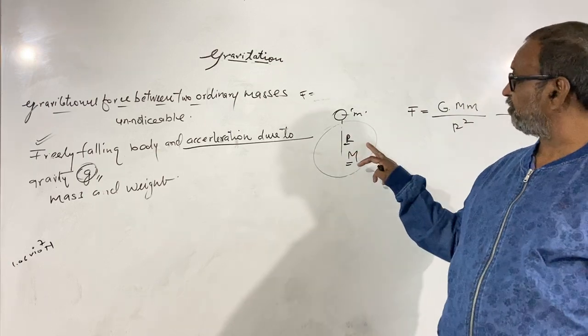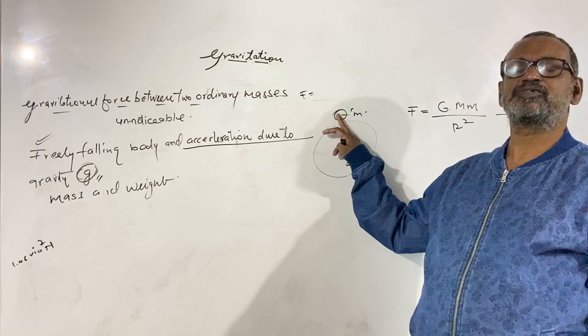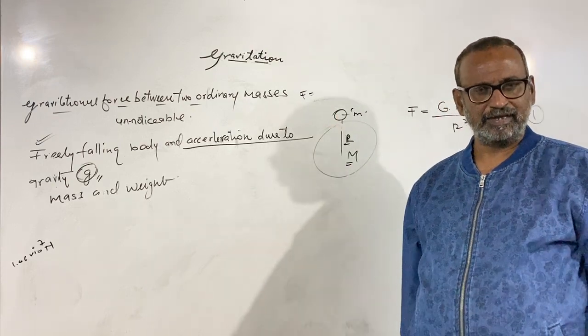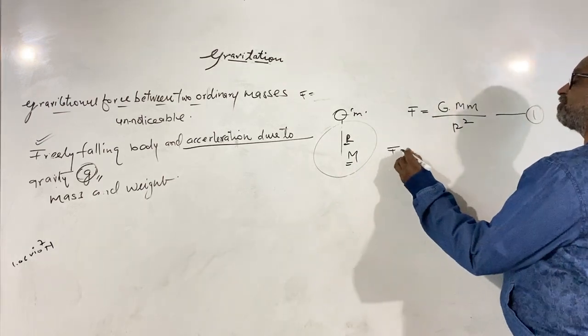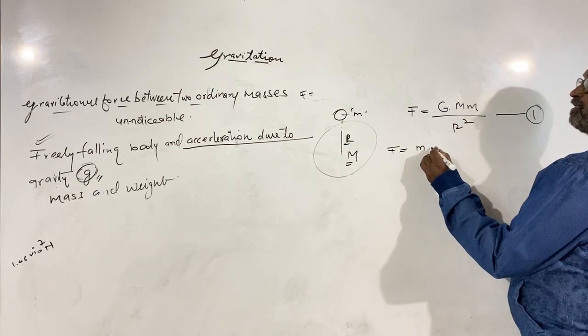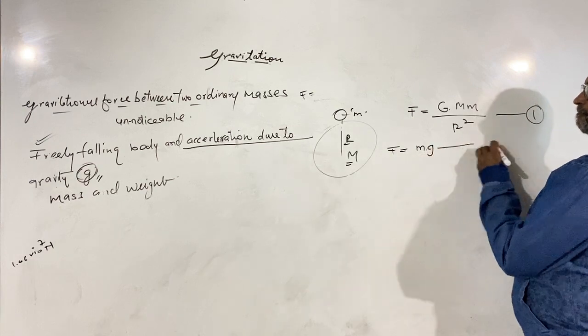Now the same force is producing acceleration in this body, which is called acceleration due to gravity. And according to Newton's second law of motion, F is equal to m into acceleration due to gravity, m g.